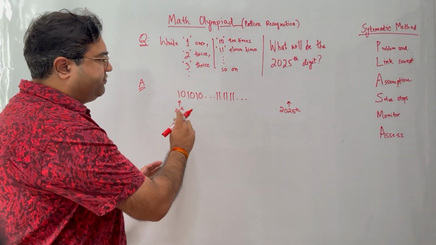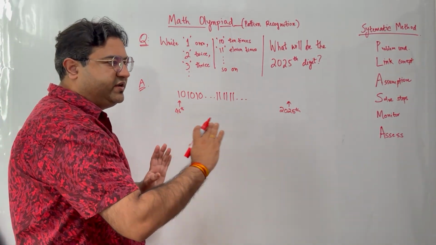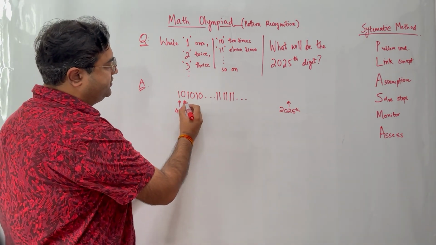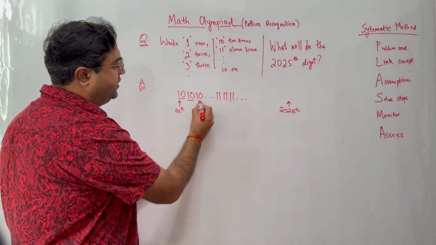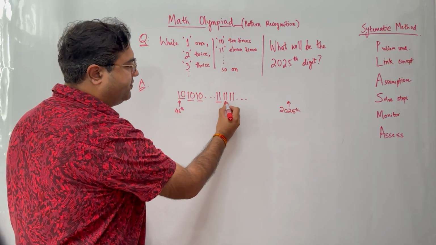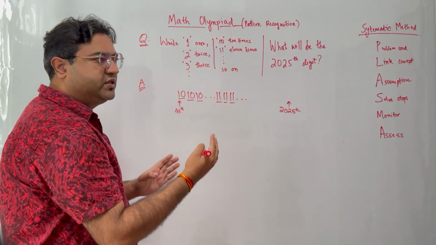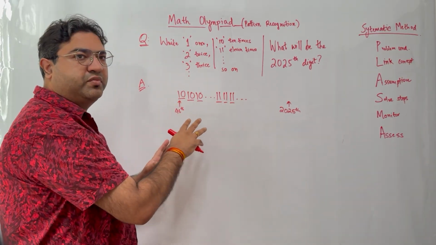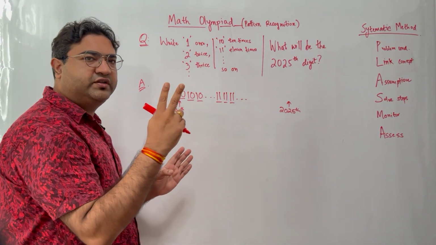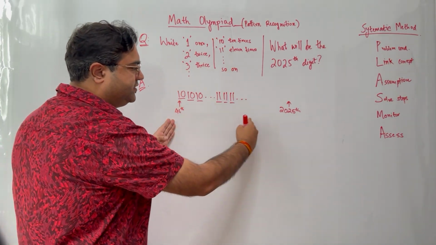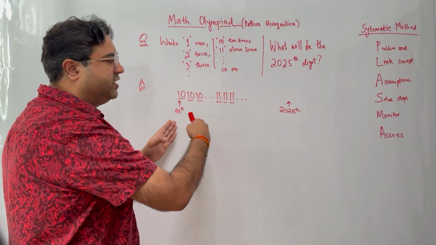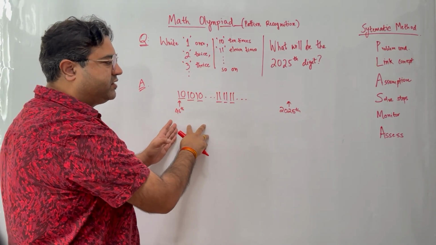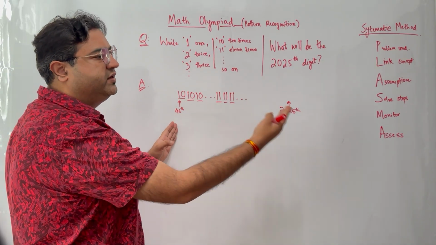So we don't have to think very differently, but what we are doing here is all the tens will go, similarly 11 will go, but each of those numbers will have 2 digits. So we have to multiply the number of terms by 2 to find the number of digits.